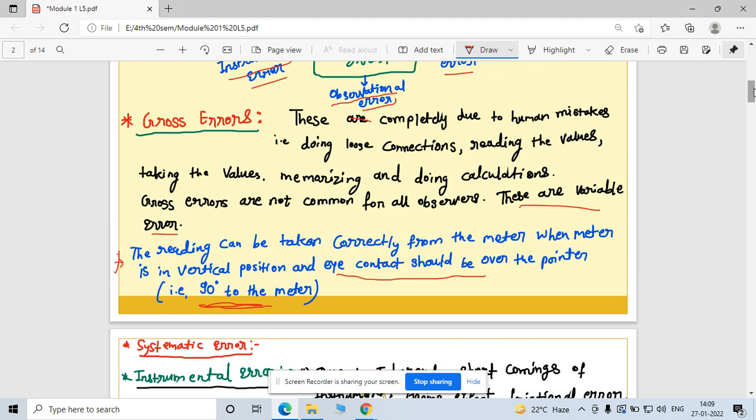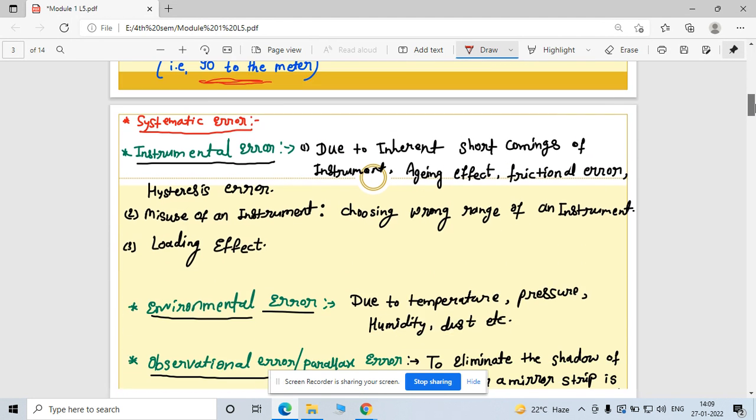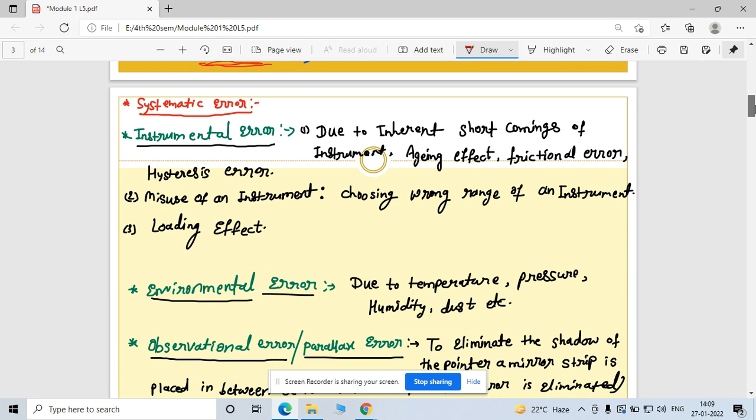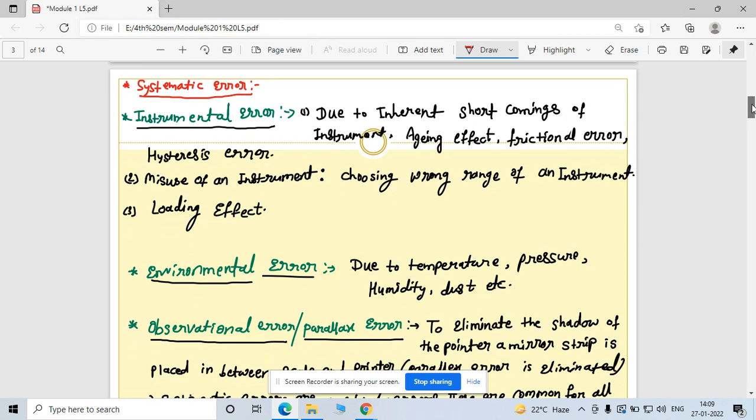Now, systematic error is divided into three categories, right? Instrumental error, environmental error, and observational error.